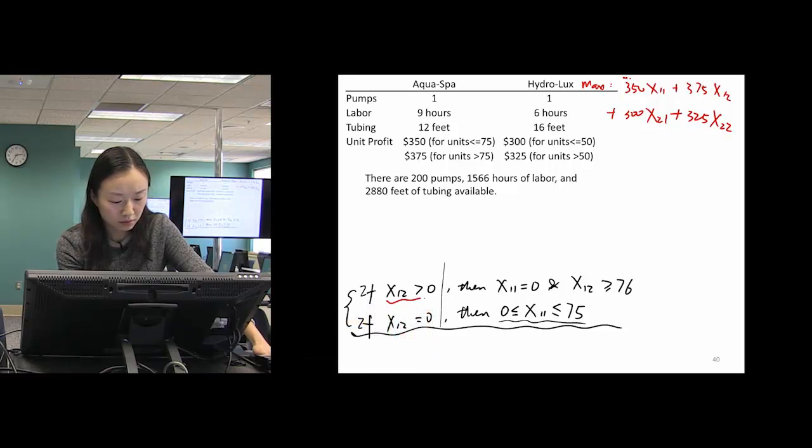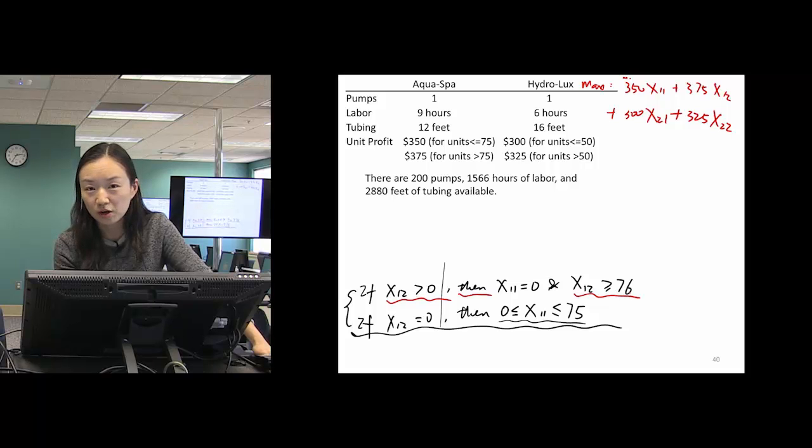You see here? If x12 is greater than 0, then x12 needs to be greater than or equal to 76. What kind of problem is that? Okay, the minimum order size problem, the one we just did in the exercise.